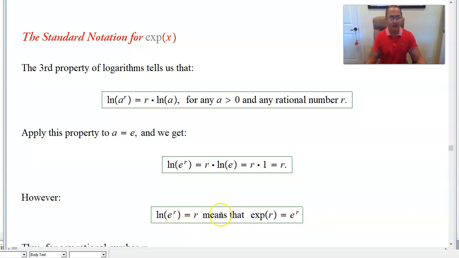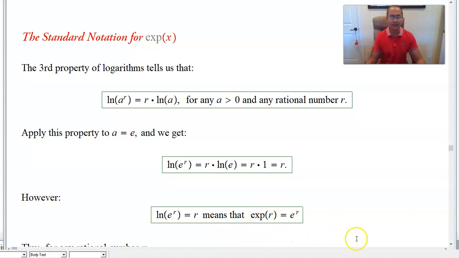But wait a minute, now we have two things that represent ln of e to the r. So we have exponential of r is e to the r. What does that mean?